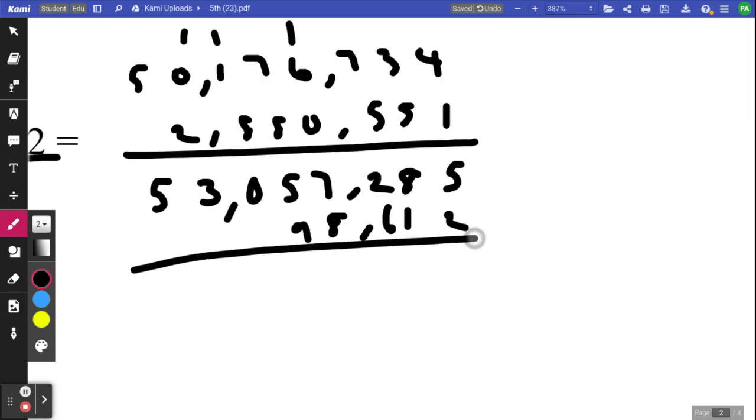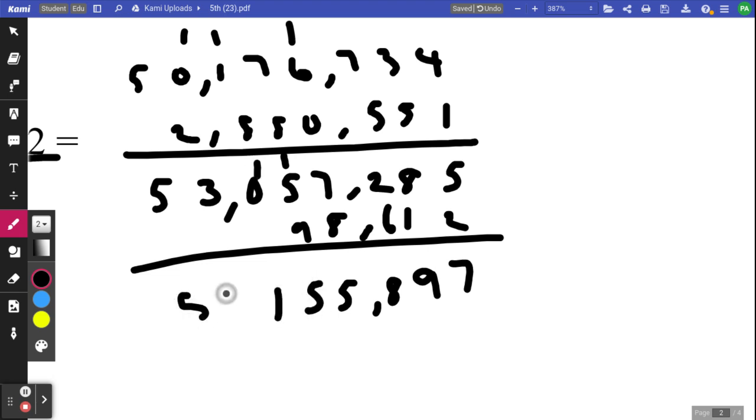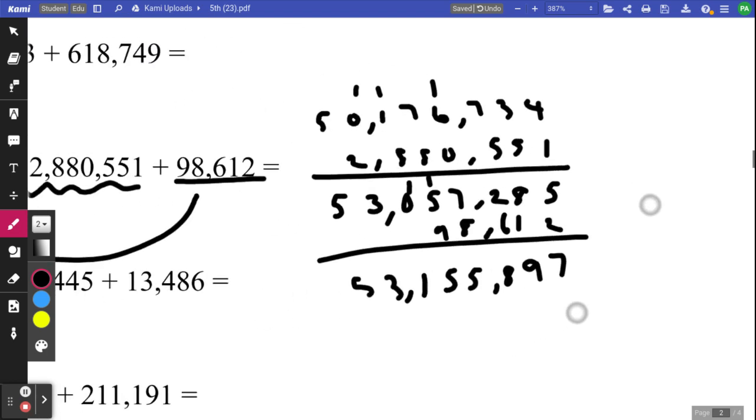Okay, so now let's add again. 5 plus 2 is 7, 8 plus 1 is 9, 2 plus 6 is 8, 7 plus 8 is 15. Carry the 1, 1 plus 5 plus 9 is 15. Once again, you carry the 1, 1 plus 0 is 1, bring down the 53.